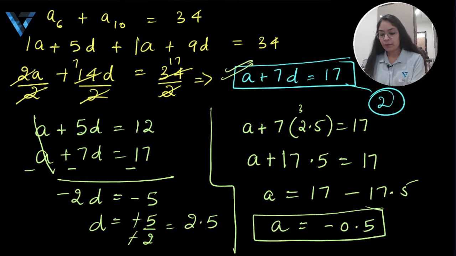Is it correct? Are you getting the same? A equals minus 0.5, and D equals 2.5. Both plus 0.5 and minus 0.5 were being said, so what's the correct answer?